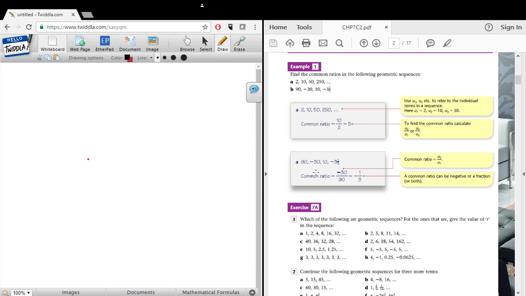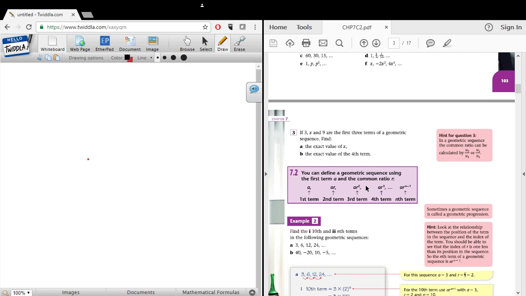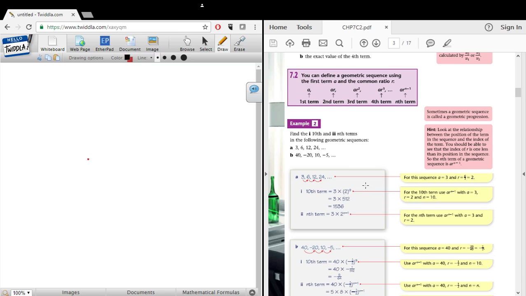So here are some examples for you to appreciate what the common ratio is, a way of finding it by taking two numbers alongside one another and dividing them, and you will get the common ratio r. So 7.2, you can define a geometric sequence using the first term a and the common ratio r.